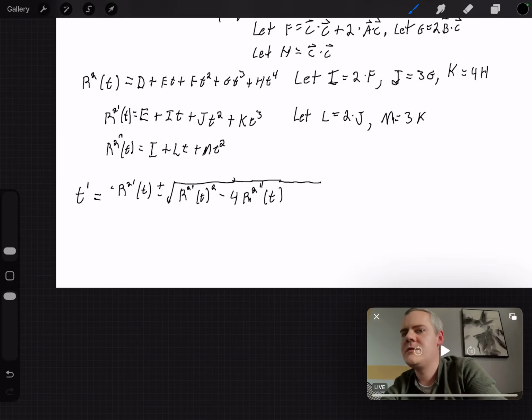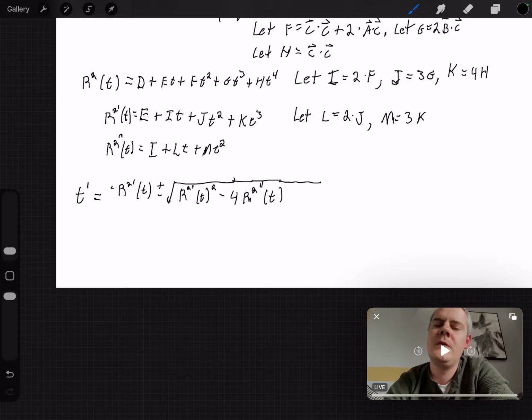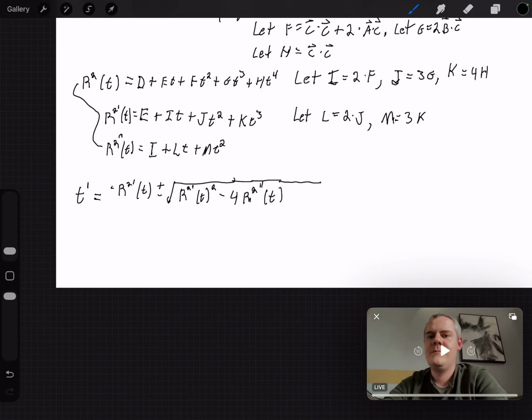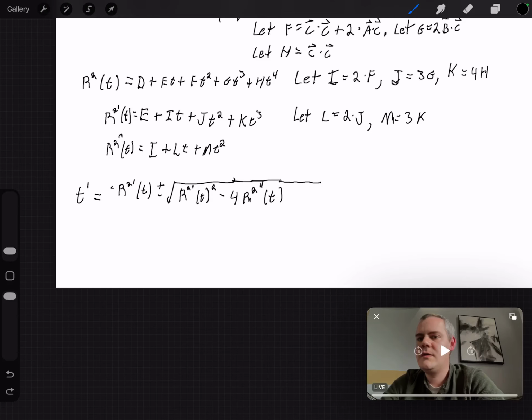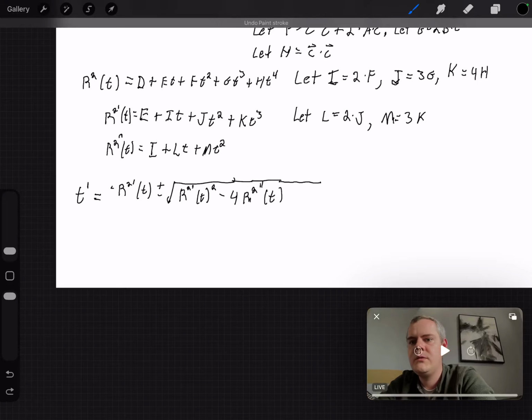So I maybe skipped a step where I showed that T is equal to somehow a function. I skipped the step where I showed the sort of quadratic form. I'm just going straight to the quadratic solution where these are the three coefficients of the polynomial.